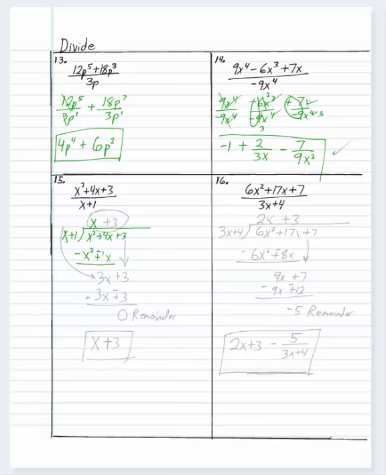That's what subtracting is. x squared and minus x squared go away, and 4 minus 1 is 3x. Then I'll bring down the next number. Then we'll see how many times 1 goes into 3. 3 times. 3 times 1x is 3x. 3 times 1 is 3. And again, I'll change the signs, and it looks like we get a 0 remainder. So in the end, our answer is just what we have up top, which is x plus 3.